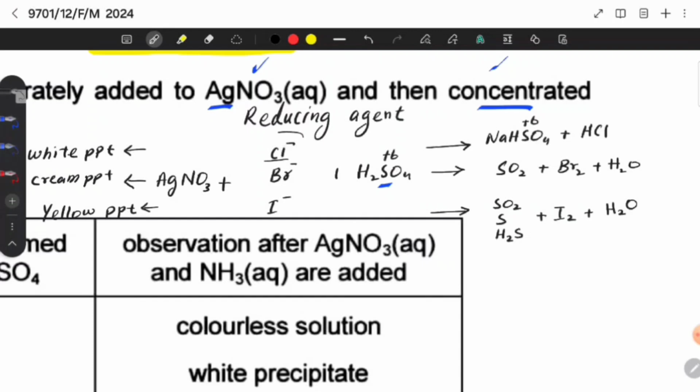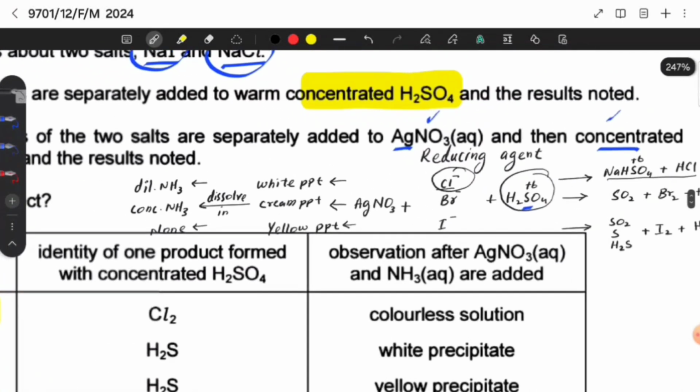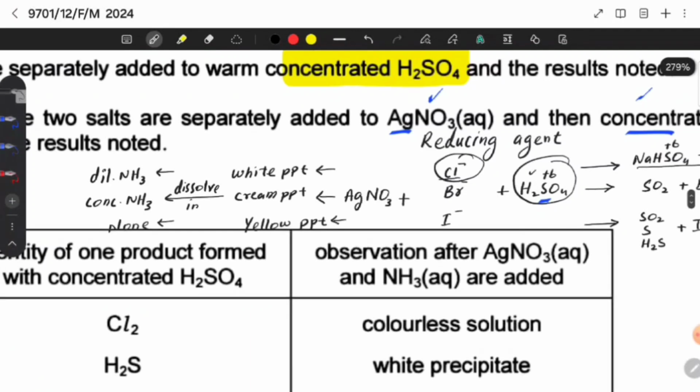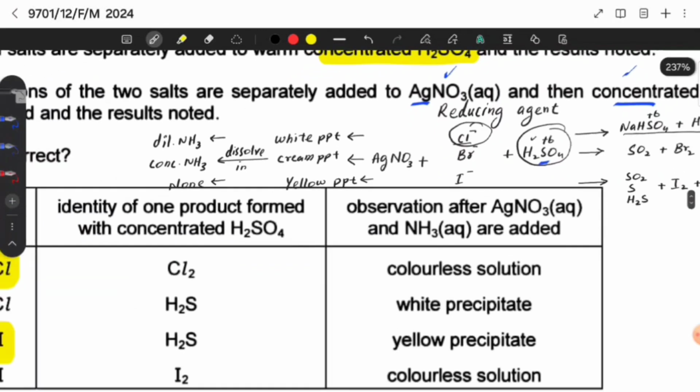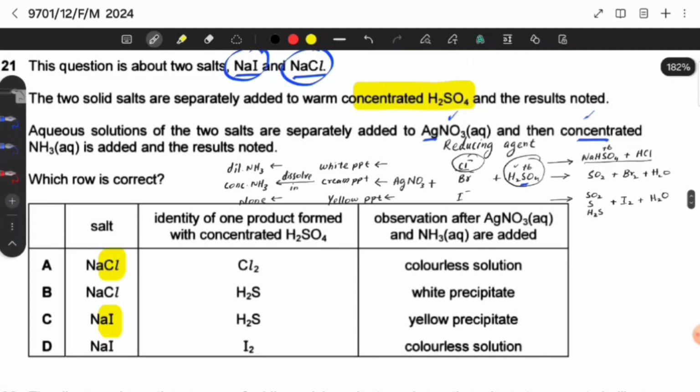So when you are reacting a chloride containing salt with sulfuric acid, there is no change in the oxidation number. It means that this is not a redox reaction. So if chloride will not reduce sulfur, it will not act as a reducing agent. We know that a reducing agent is the one which will reduce others and oxidize itself. So it is not going to oxidize itself into chlorine, Cl2.